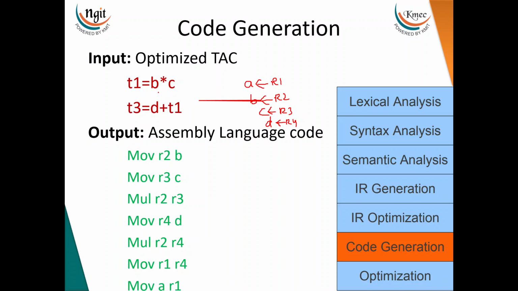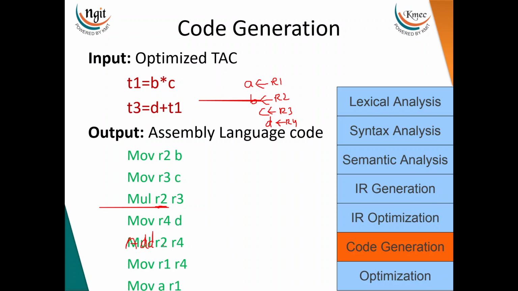First we have to do B star C. So first storing B in its dedicated register, C in its dedicated register, and performing the mul with R2 and R3, that is B star C. The result will be stored in R2. Then storing D in R4 and adding with the result of B star C, which is in R2. So just performing add R2 comma R4.